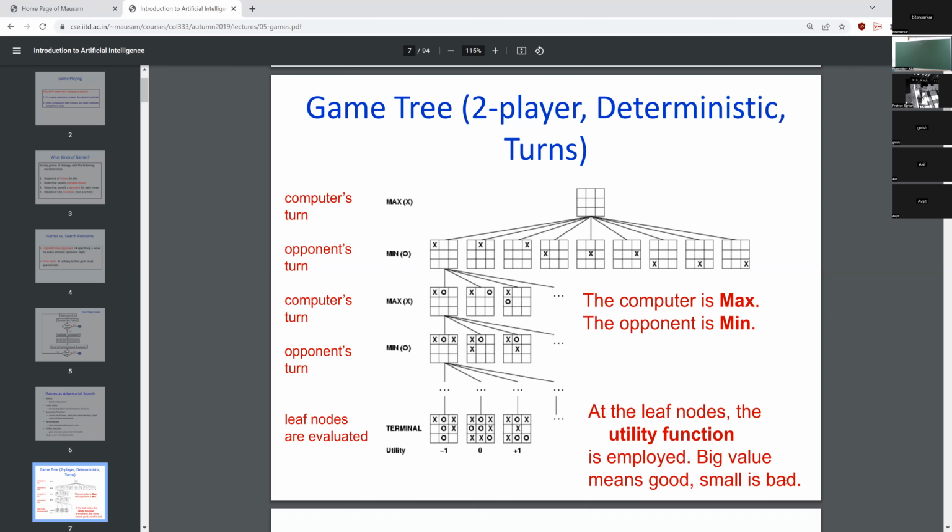So in layer 3, which is the max layer, because max takes the turn, there will be 9 into 8 into 7 such nodes in the game tree. And this way, that search tree is built until you reach the leaf nodes in the tree. Leaf nodes in the tree are those states where the game is complete.